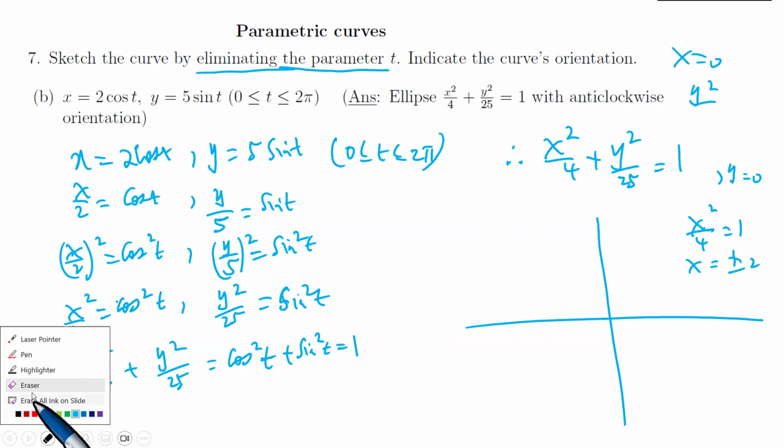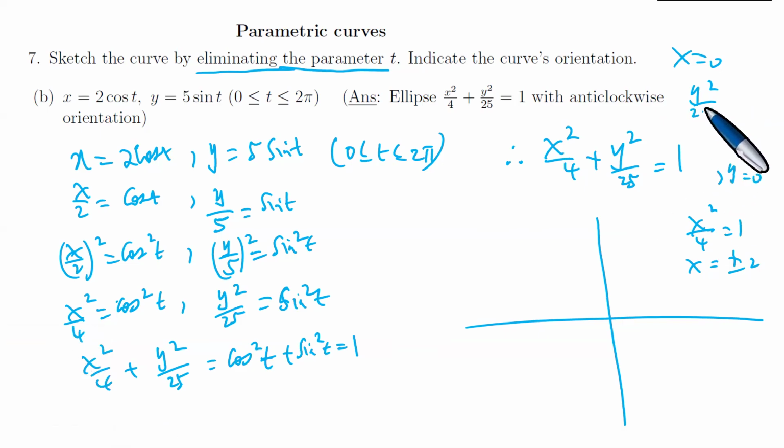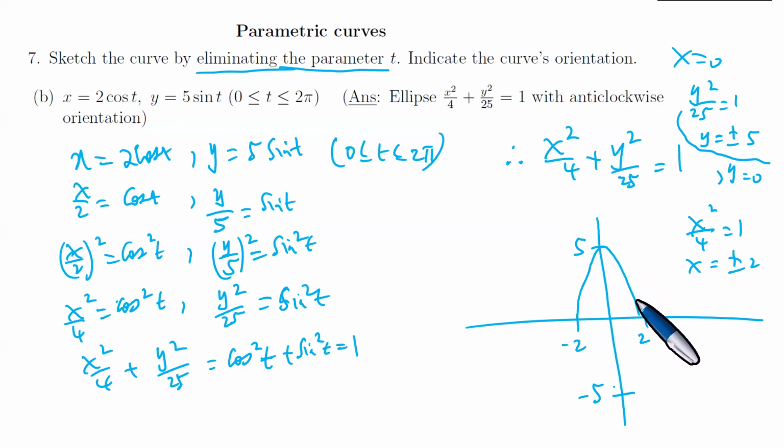So y is plus or minus 5, and x is plus or minus 2. And therefore, you have exactly this.